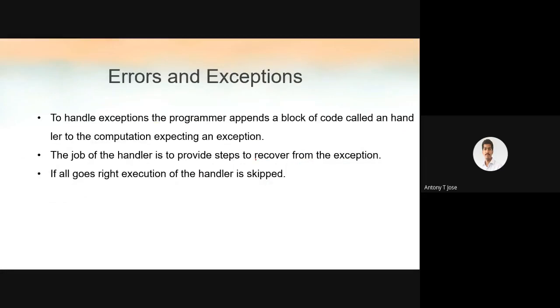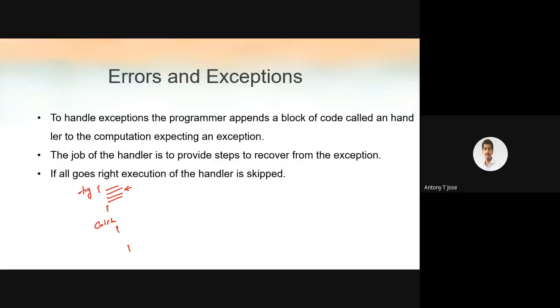And I hope you know about errors and exceptions, like try catch, which is an example of exception handling. If I'm writing some steps in try and it comes to an exception, what happens?